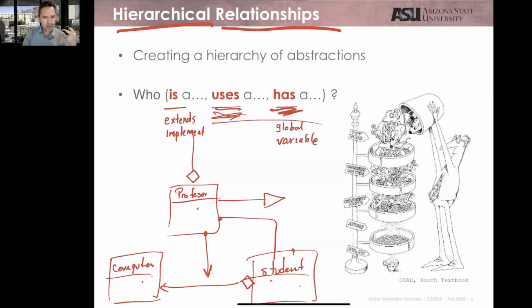Every single time that you have an attribute and the type for the attribute is a class, you are using having. Like if you have a class car and you have a global variable engine, that is having. The car has an engine and it should be global. It should be an attribute.